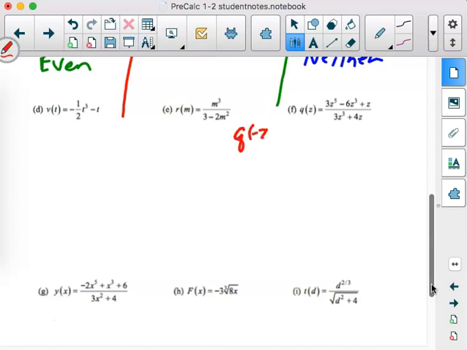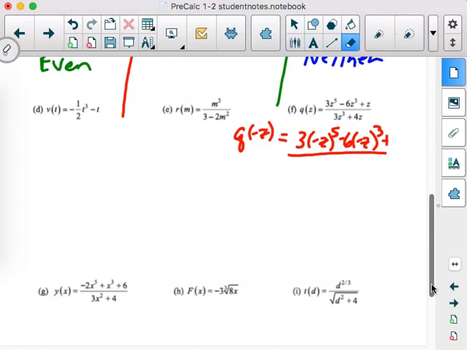Q of negative z. A lot of places for z to go. So 3 times negative z to the 5th minus 6 times negative z to the 3rd plus z divided by, whoops, I didn't put my negative z in there. 3 times negative z cubed plus 4 times negative z.